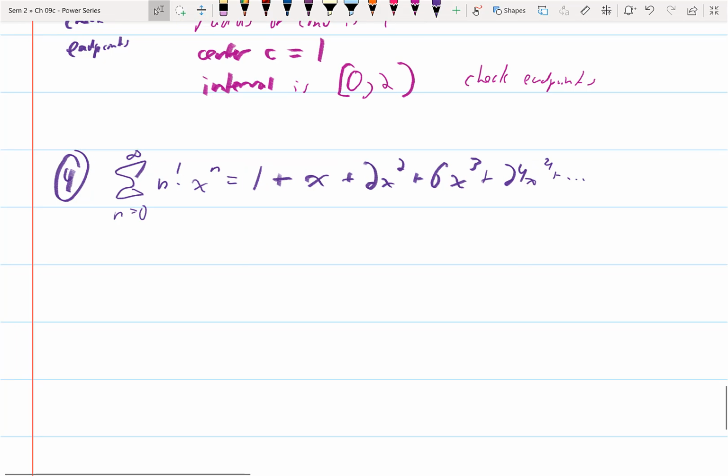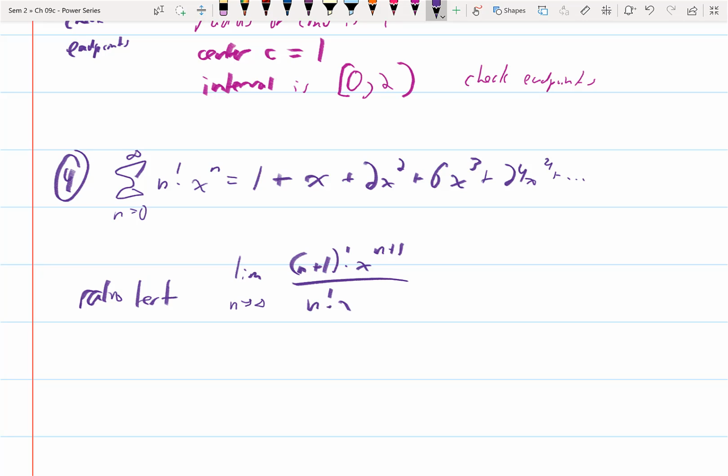Okay, so we're going to do a ratio test now on this series, and we're going to try to set the ratio test so that it has an interval less than or equal to 1. So let's do the limit as n approaches infinity of (n plus 1) factorial x to the n plus 1 divided by n factorial x to the n, in absolute value.